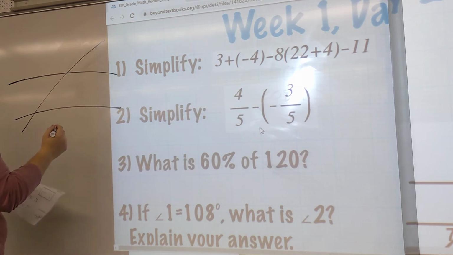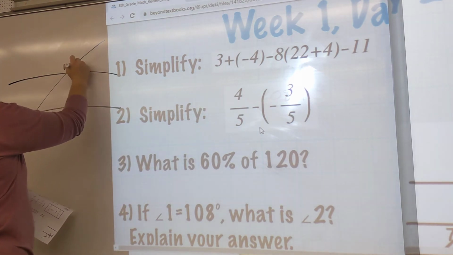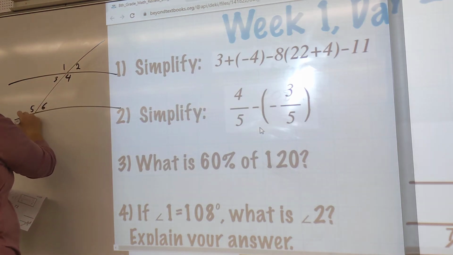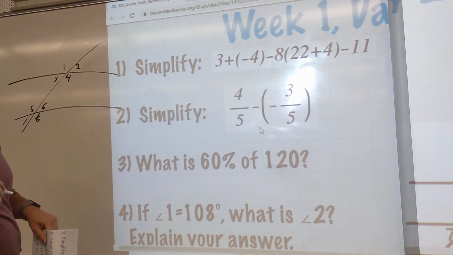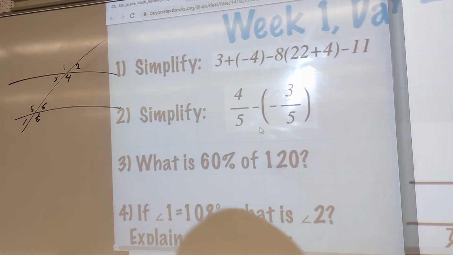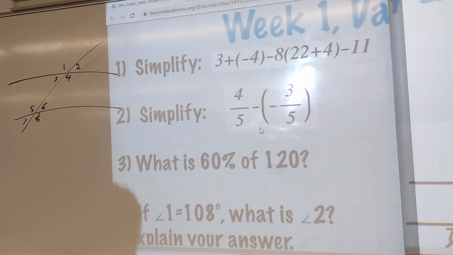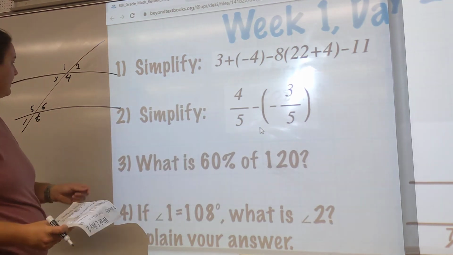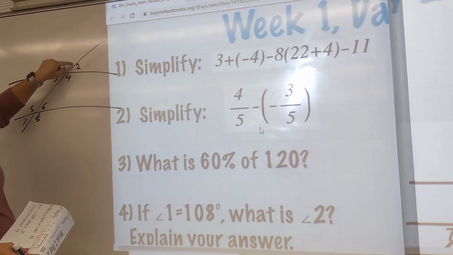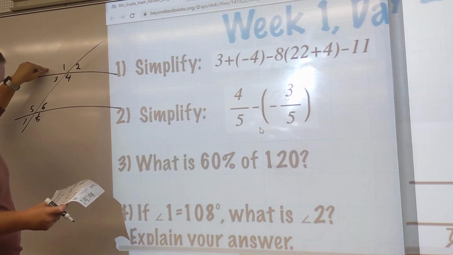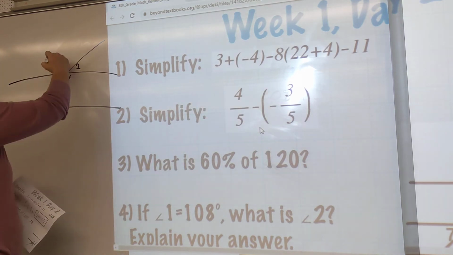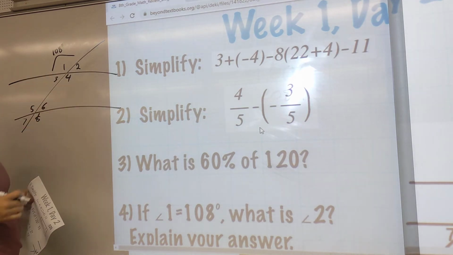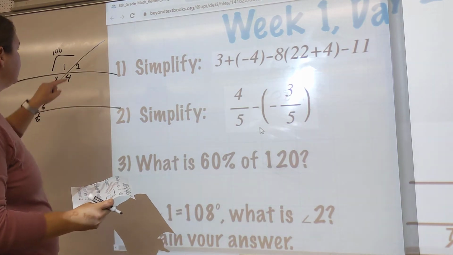So we have 1, 2, 3, 4, 5, 6, 7, 8. Okay, let's see if you guys can actually see it over there. Yes, you can. So, if the angle 1, that's saying this one right here, equals 108, so this thing here is 108 degrees. What is angle 2?